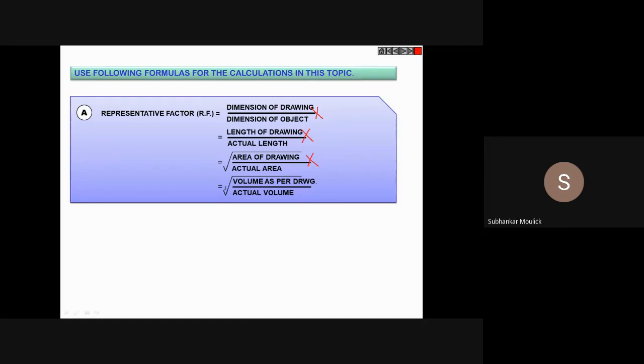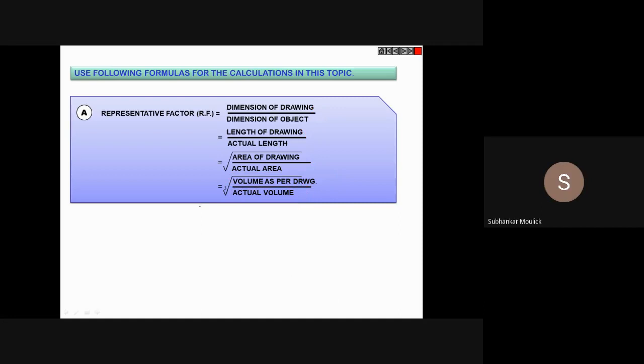So definitely cylinder will be described in terms of volume. Then in that case, you have to use the third expression of RF, which is cube root of volume of the actual drawing that you will be drawing in your drawing sheet divided by actual volume of the object. Is it clear to all of you?